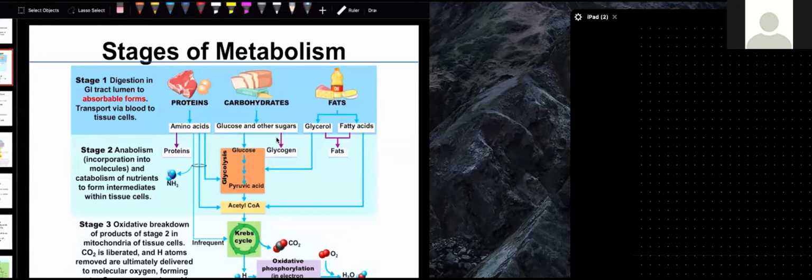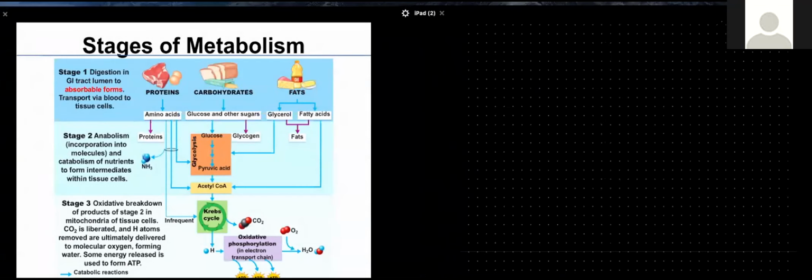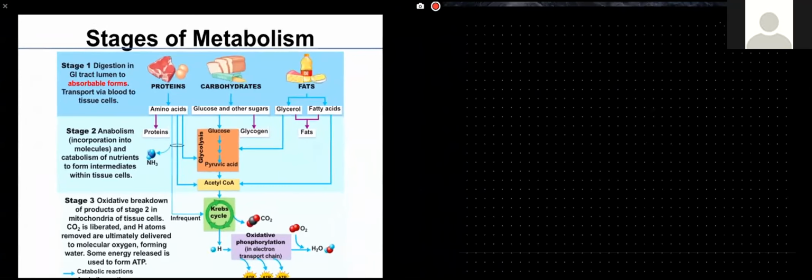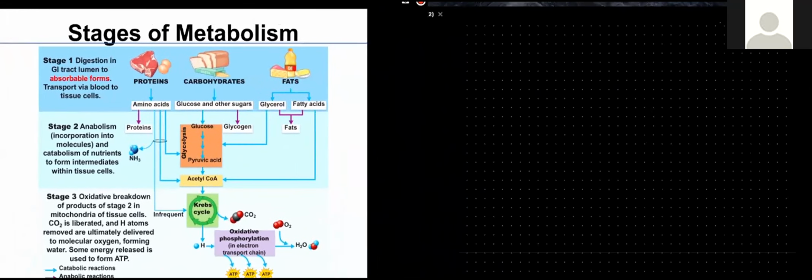All right, so in this chapter, we are discussing the metabolic reactions. If you remember what metabolism is by definition, metabolism is simply all the chemical reactions which are taking place in your cells.